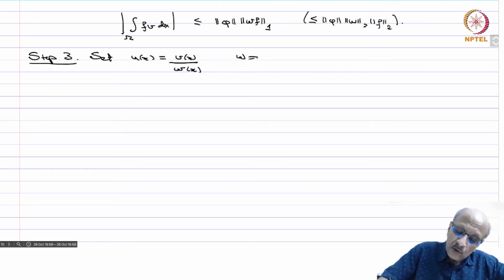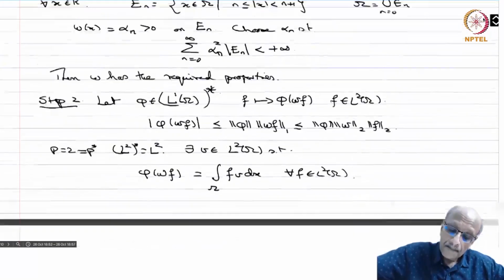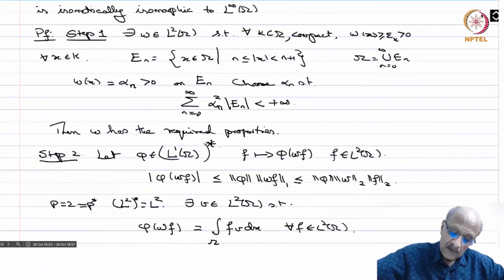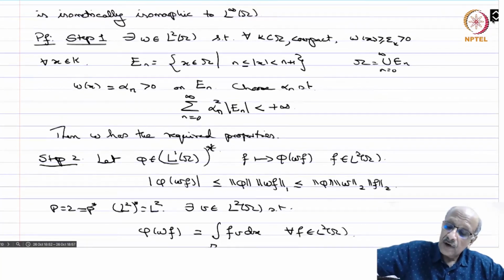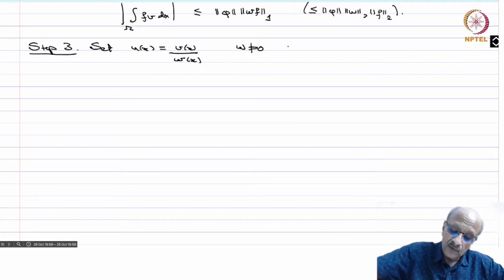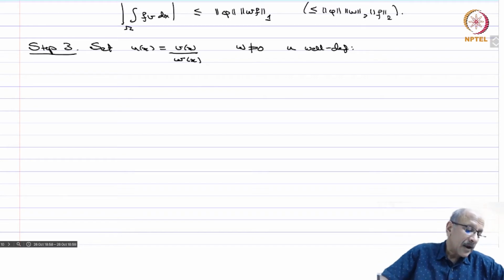W is never 0, that is one of the conditions we saw in the first step: W(x) is strictly positive in every E_n, and therefore W(x) never vanishes, and therefore this is well defined. So u is well defined and measurable.